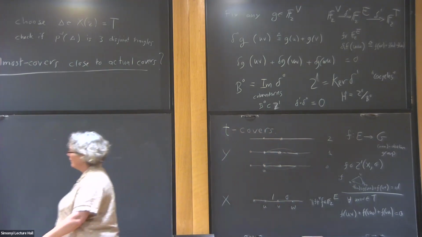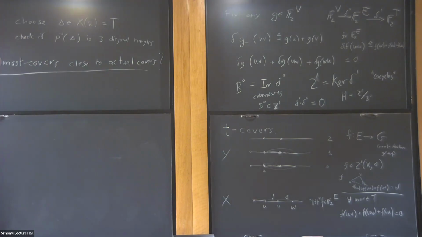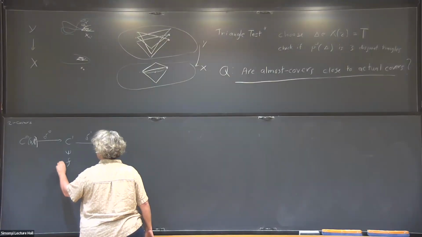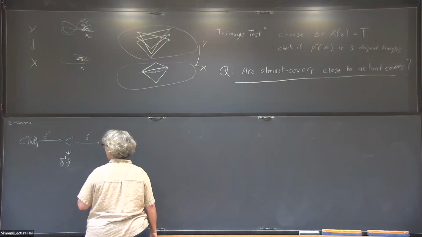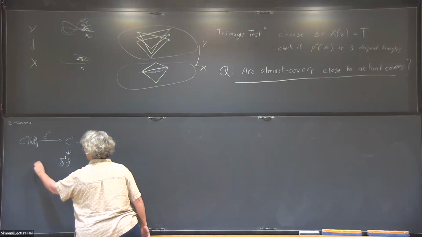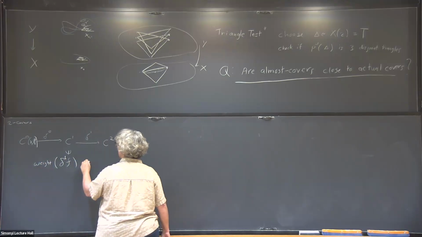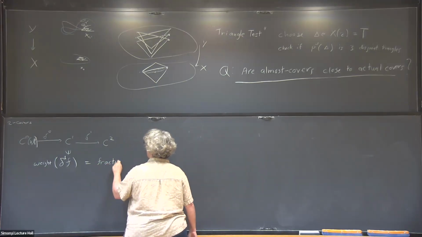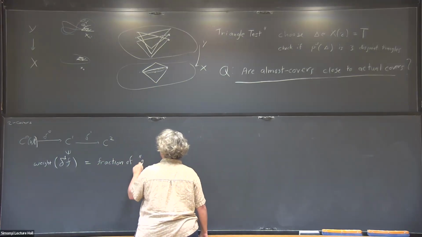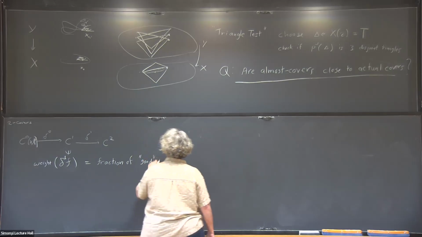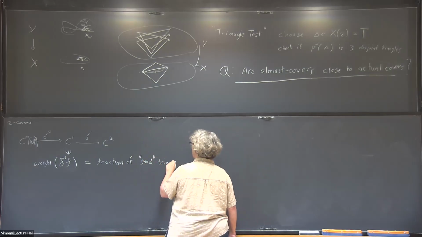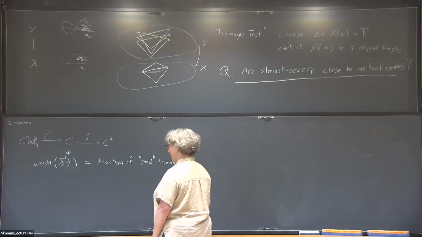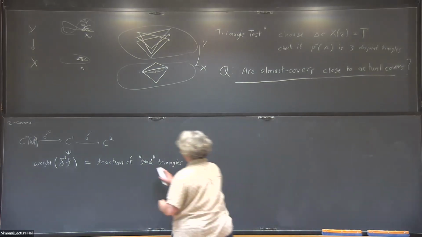Okay, so if I know that my equation passes with 99% probability, it's as if I know that the weight of delta 1 of F is exactly proportional to the fraction of, let's say, good triangles. Yes, good, bad, one of those.